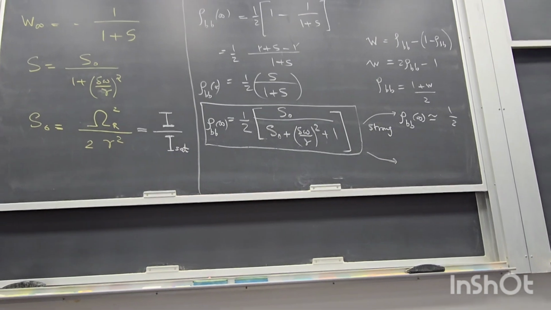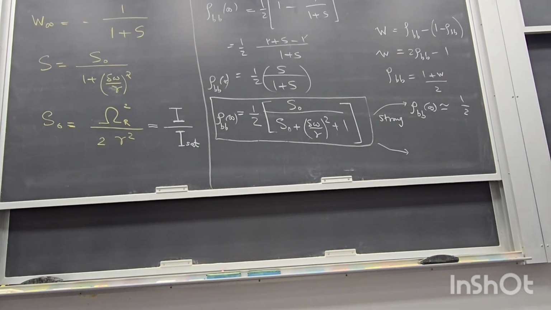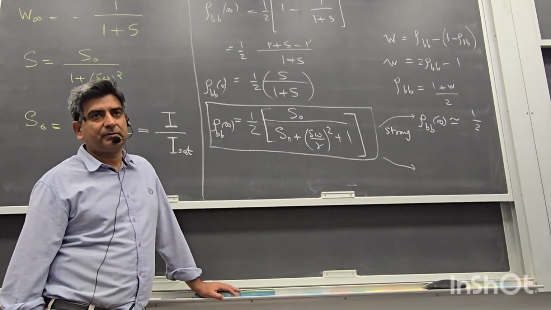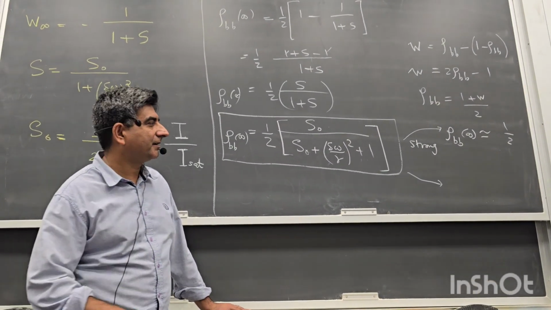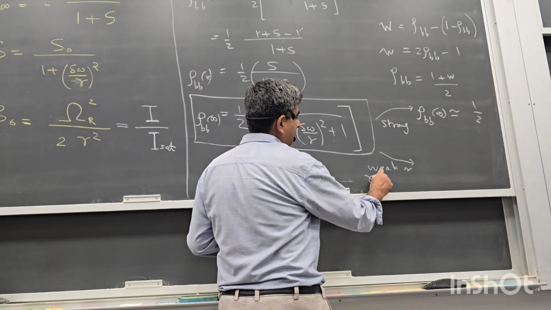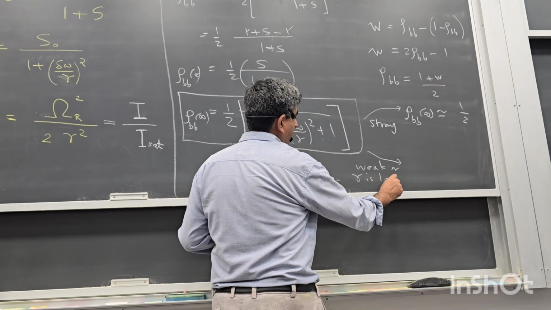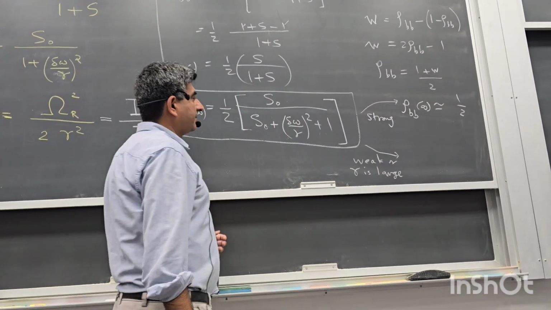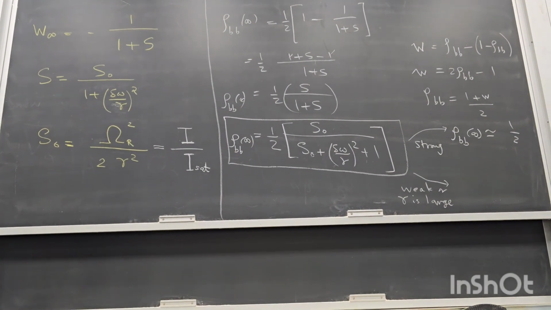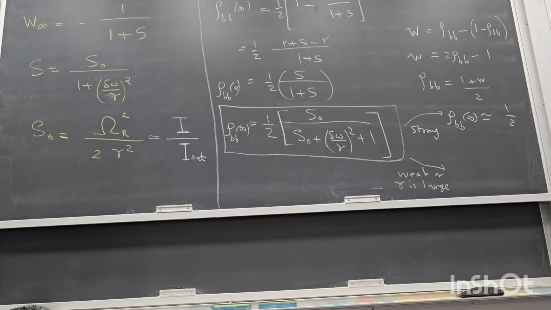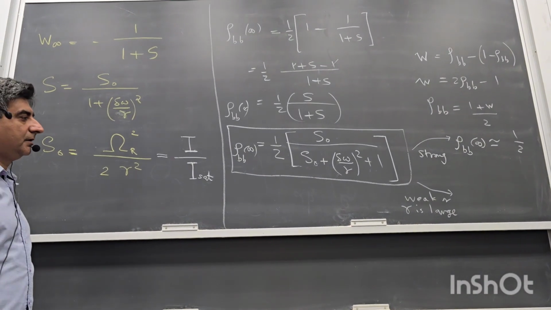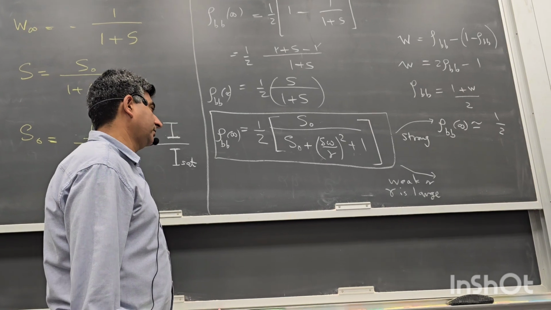If gamma is really large, damping is large. So let's assume that. So either in the weak field limit or when gamma is large, and the field is weak.